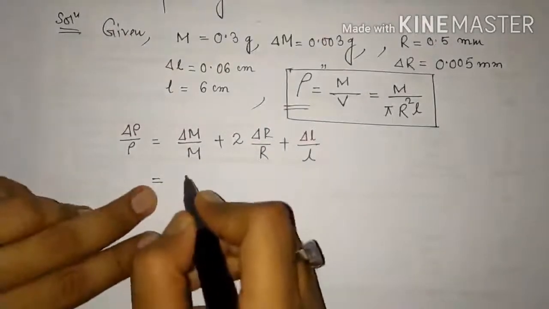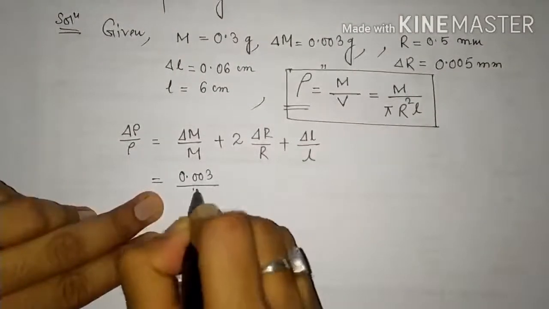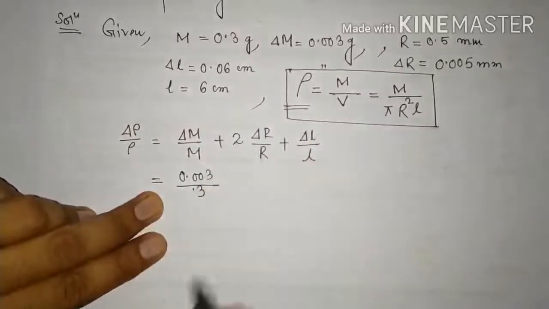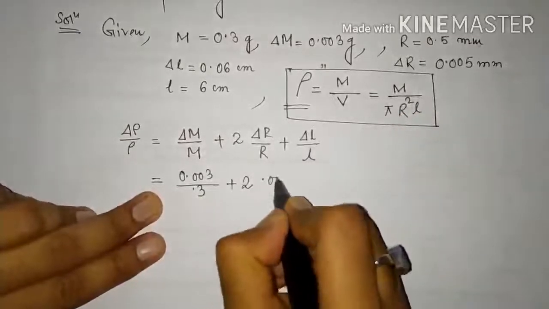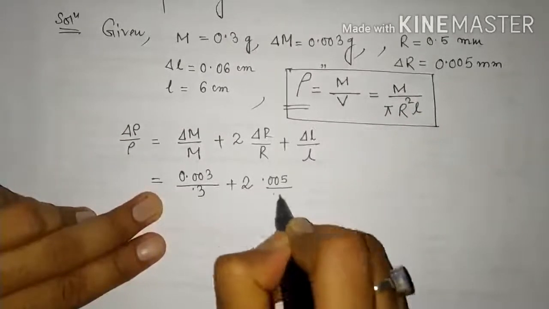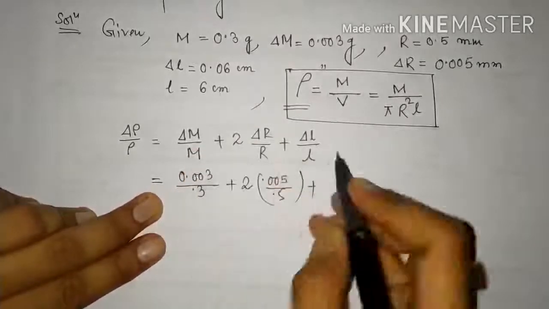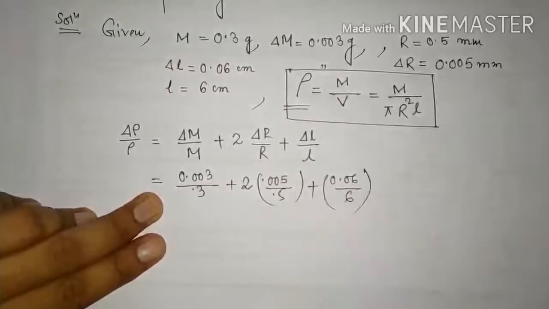So delta M by M, that means 0.003 by 0.3, both are in gram, so there will be just a numerical number, plus 2 into delta R by R, 0.005 divided by 0.5, plus delta L by L, 0.06 by 6.